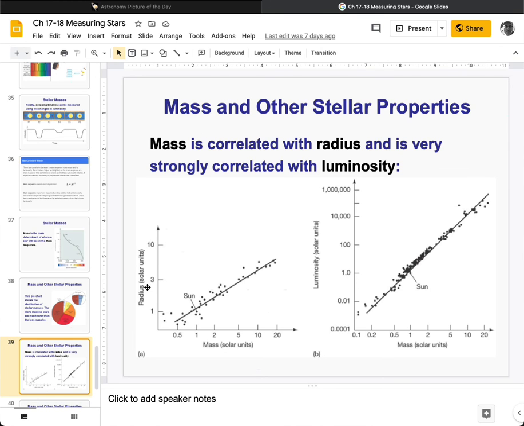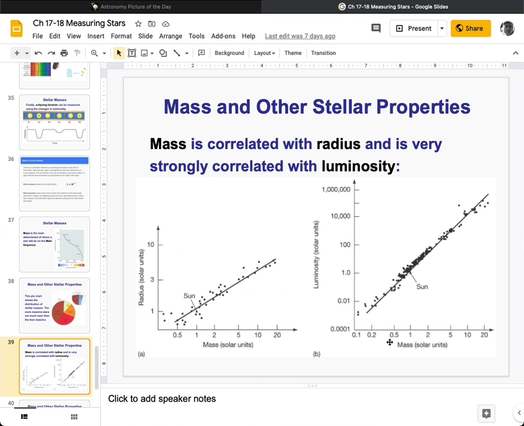It's just that the radius versus mass is not quite as tightly correlated as luminosity and mass. The reason is the radius of the star can be affected by a bunch of different kinds of chemistry things that are not in the equations that we've talked about. Now, astronomers do know what this is, but it is more complicated, and it's almost like a case by case basis. Trying to correlate radius with mass.